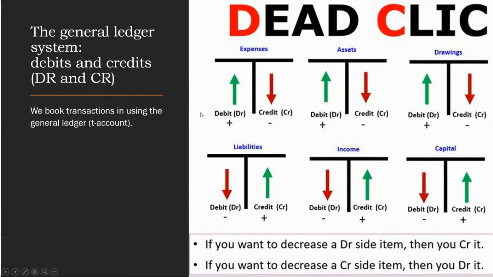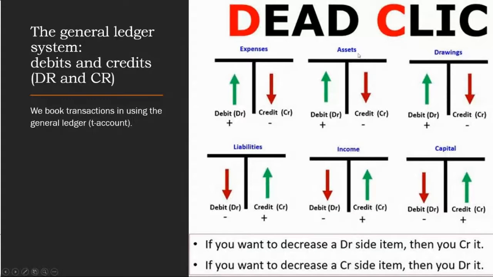So how this works is the increase is the green arrow and the decrease is the red arrow. At the bottom, it also tells you whether it's debited or credited and whether it would be a positive or negative effect. Now, this diagram is very useful when you study for your accounting equations as well as your general ledgers. Okay, so let's quickly have a look at this.